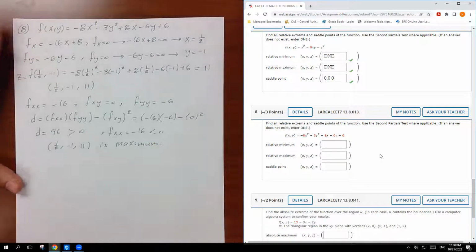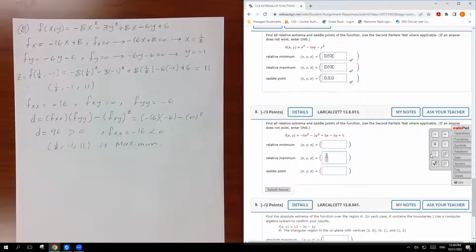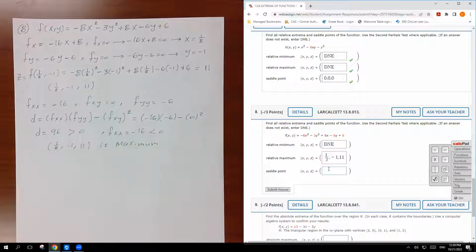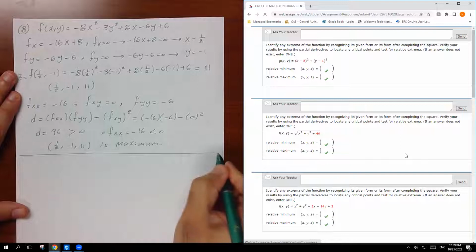That's it for this example. So we're going to choose the maximum, which is (1/2, -1, 11). And here is the answer, and we can see if it's right or wrong.